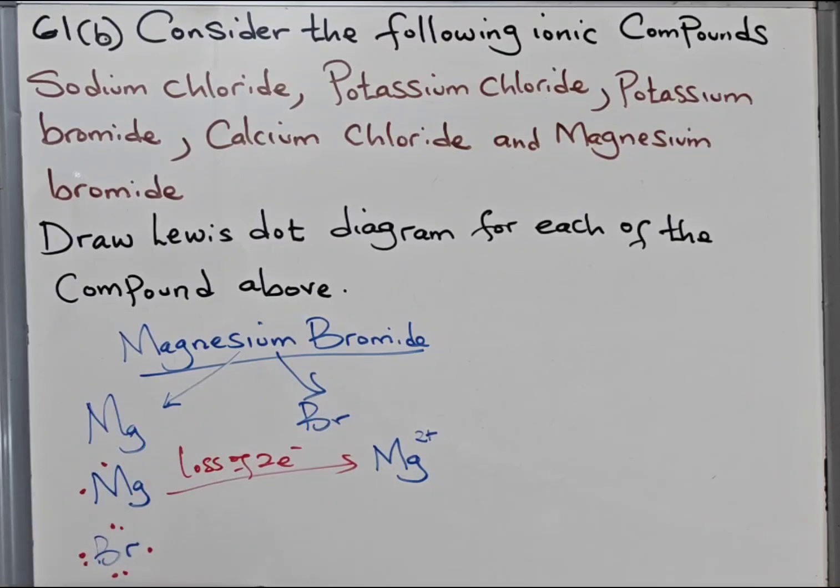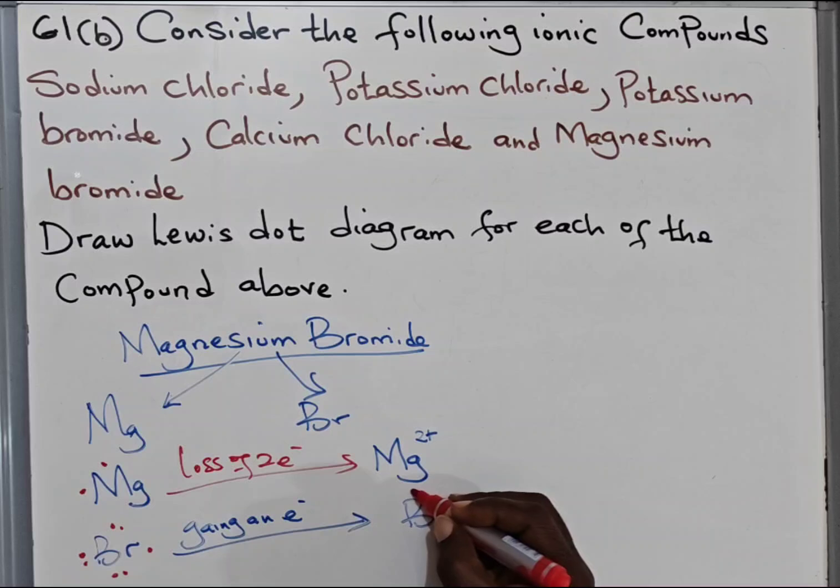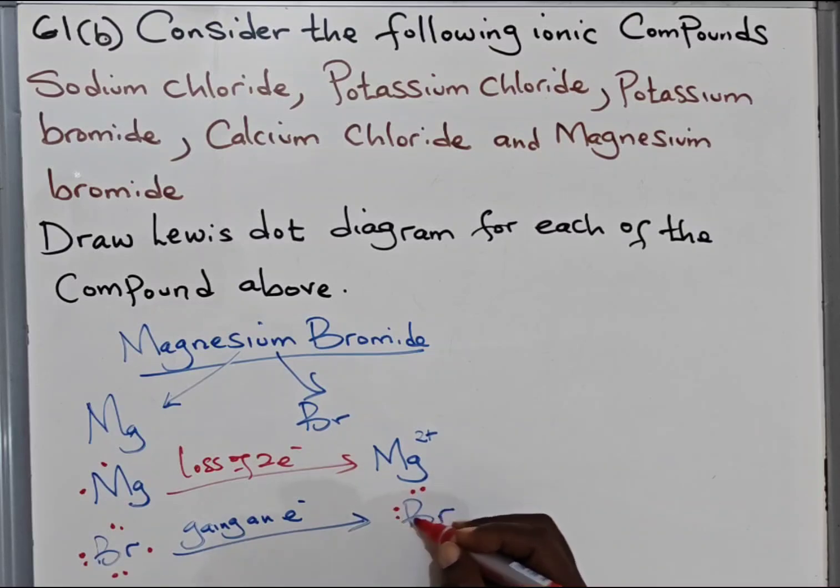The best choice for this to attain stability is to gain 1 electron. So here we can say gaining an electron. In doing so, what happens? We are going to have our bromine with our electrons surrounding it as 1, 2, 3, 4, 5, 6, 7.